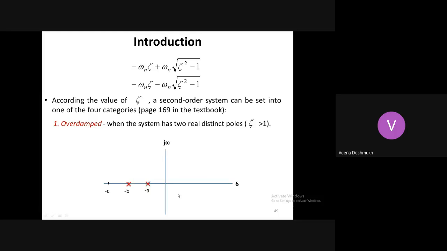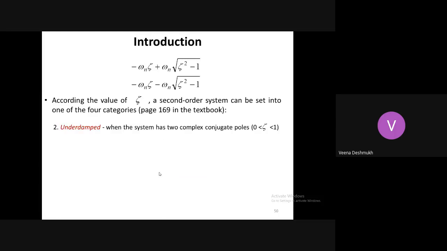Okay. Now we'll try to place where exactly these poles can be placed on the S domain graph. See, this is the S axis. I guess all of you know what this S domain graph is, where the y-axis is nothing but the j omega axis and the x-axis is nothing but your sigma axis.